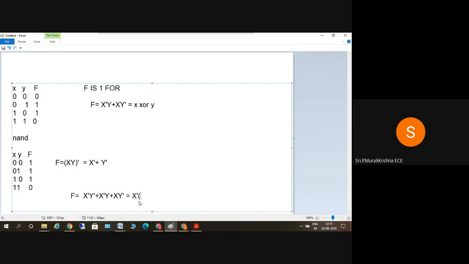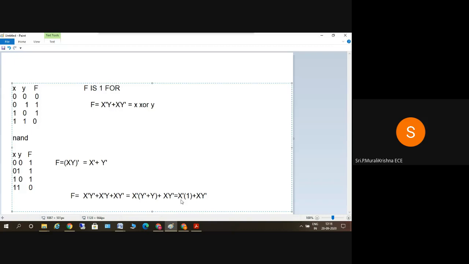Y bar plus Y, plus we have X Y bar. So what is Y plus Y bar? It is equal to 1. So we have 1 plus XY bar. Here we can take X bar common.